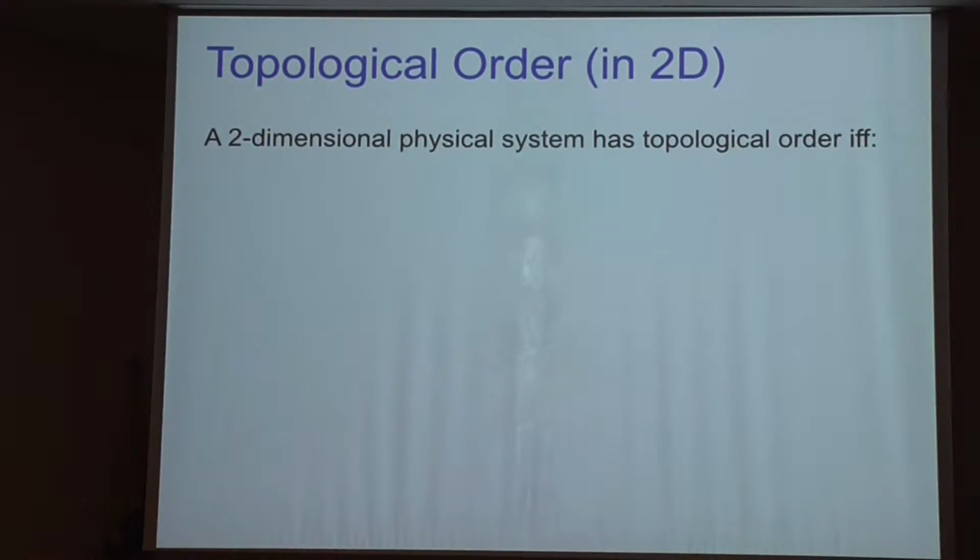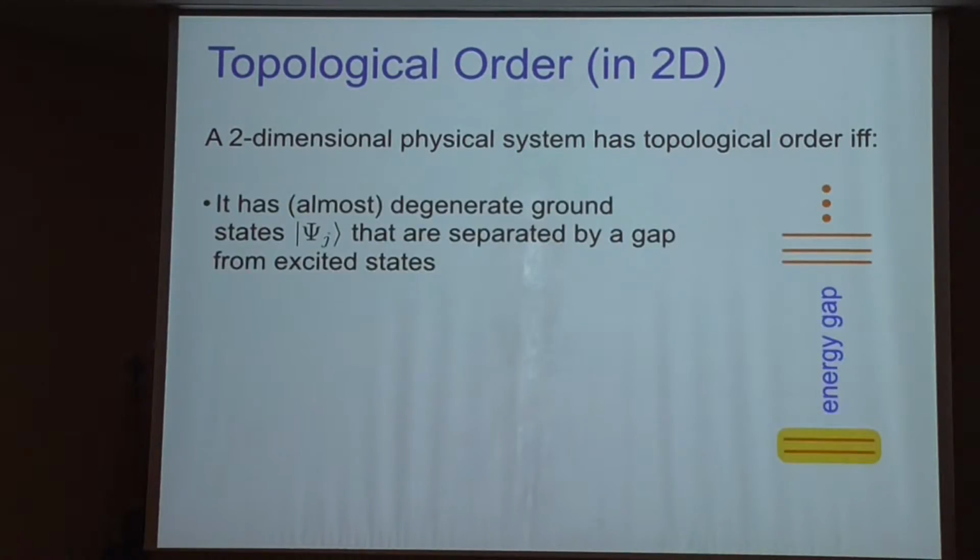So I want to start out with what is probably very much a recap of what Yanis was talking about, introducing topological order, the definition that I use, and then talk about how we think about implementing this. So in a three-dimensional system, topological order appears if it has the following properties.